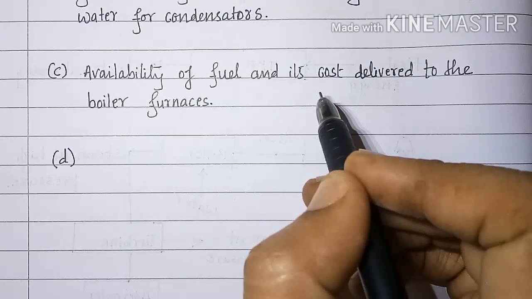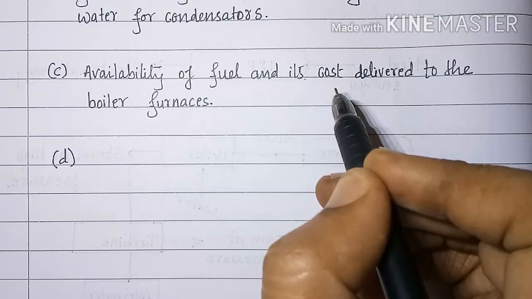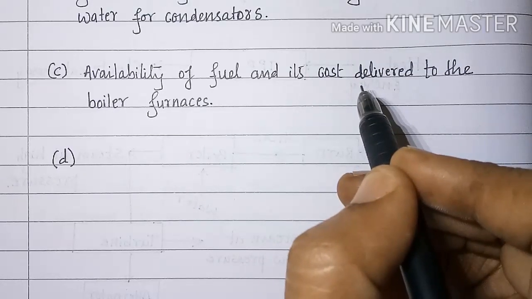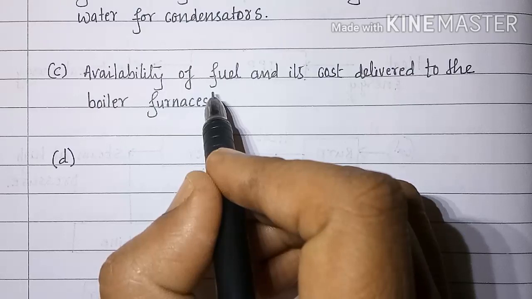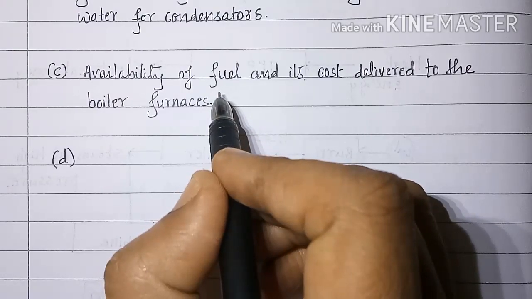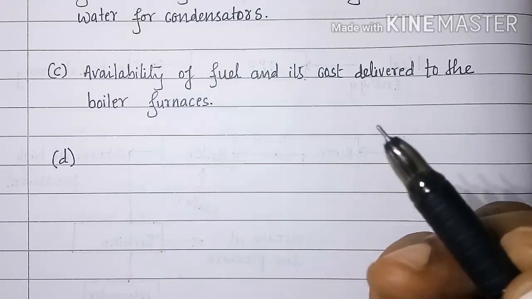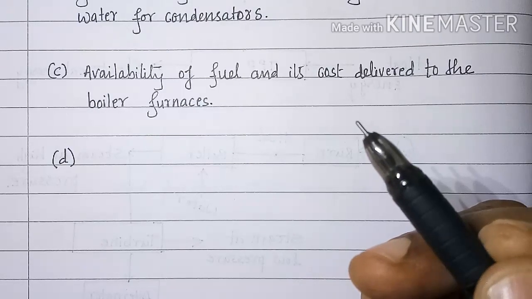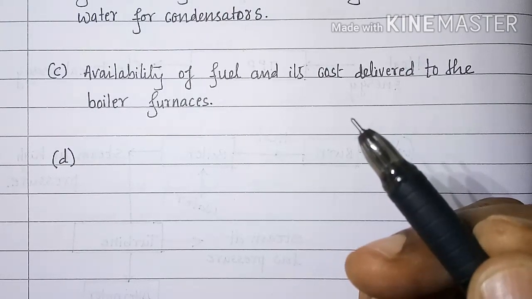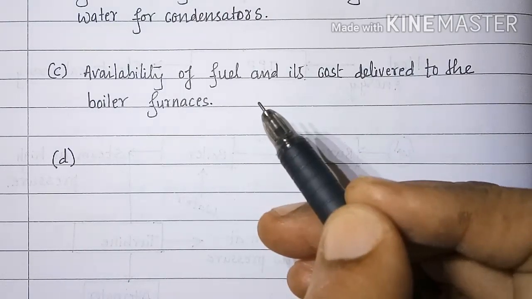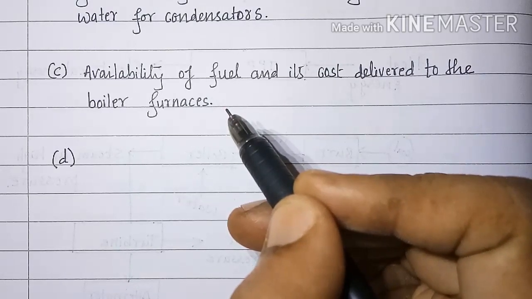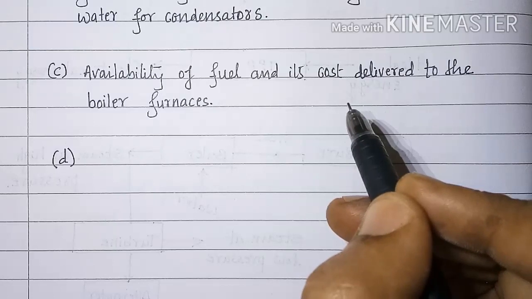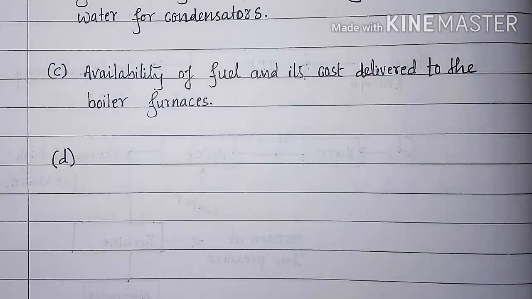If the thermal power plant or steam power plant is far away from the sources of fuel, then the delivery cost will be very high. So the site should be close to the sources of fuel.